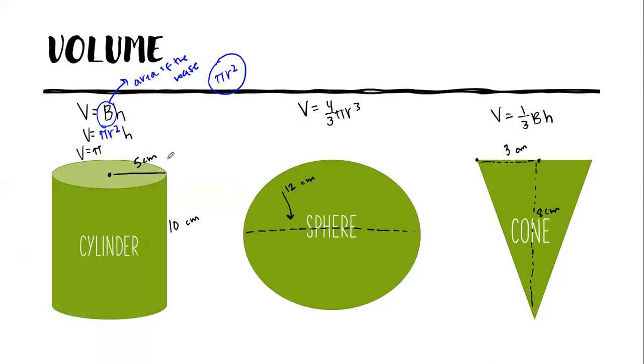So the radius of my base is 5, so pi times 5 squared. And what's the height of my cylinder? 10 centimeters. So this is what I'm putting into the calculator: pi times 5 squared times 10. Go ahead and put that in your calculator. Practice makes perfect.